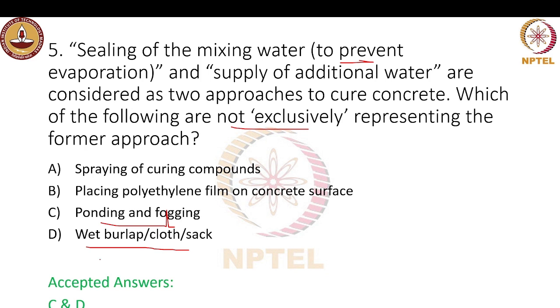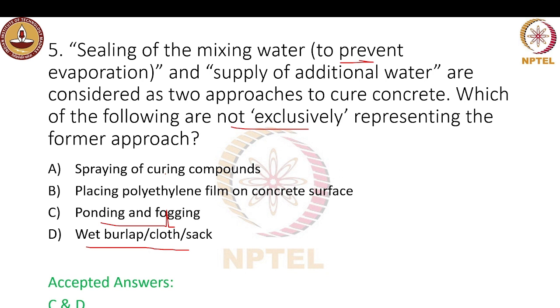Ma'am, in the first option, it is spraying of curing compounds. What are the curing compounds you are generally using? I really don't know about the chemicals which they are using as curing compounds.